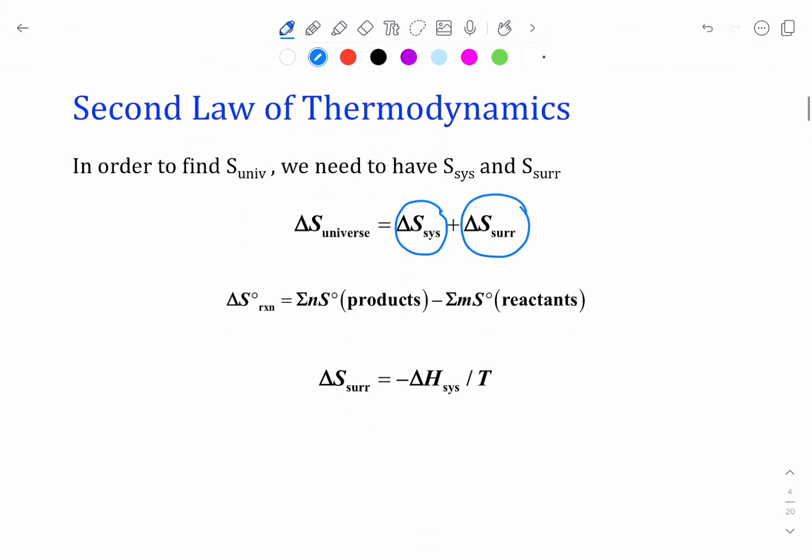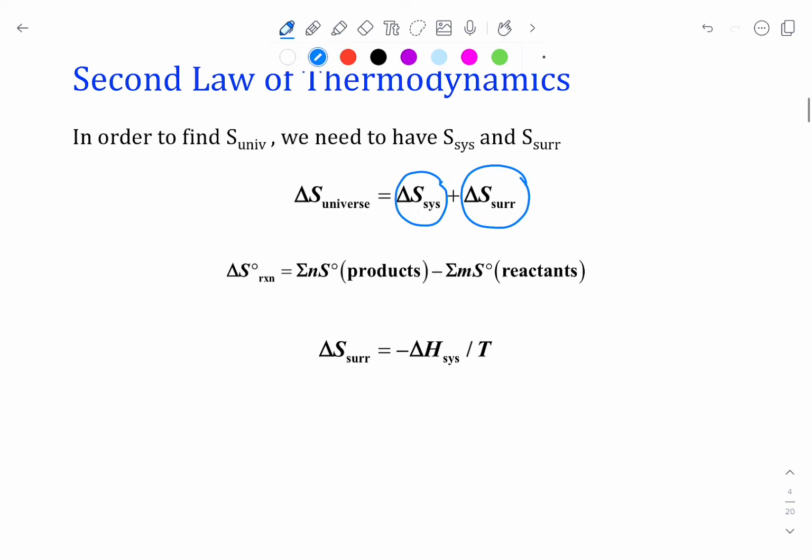So we know that the delta S of a reaction is equal to the sum of the entropies of the products minus the sum of the entropy of the reactants. So if we know the reaction, we can find our delta S values for the system using Appendix 2, or the ALEKS data tab.